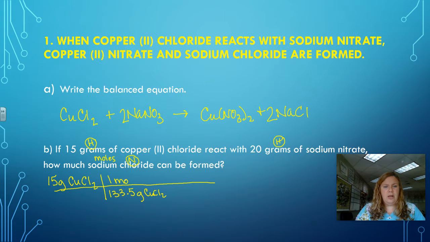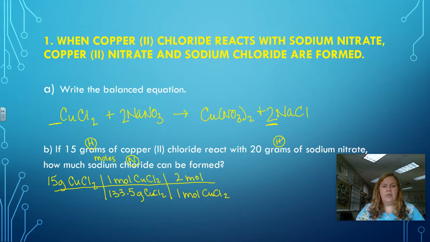Remember, when all else fails, take it to moles because we use moles all the time. Now we're going to use our mole ratio because we want to go from copper 2 chloride to sodium chloride. In our equation, we have a 1 with copper chloride and a 2 with sodium chloride. So for every 1 mole of copper chloride, 2 moles of sodium chloride are formed.